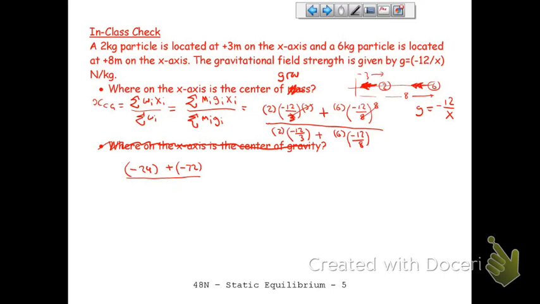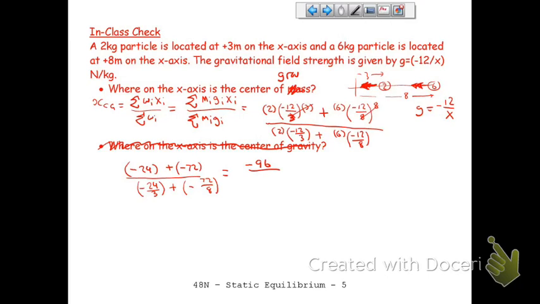So that's -24 over 3 added to -72 over 8. So -24 -72 would be -96.